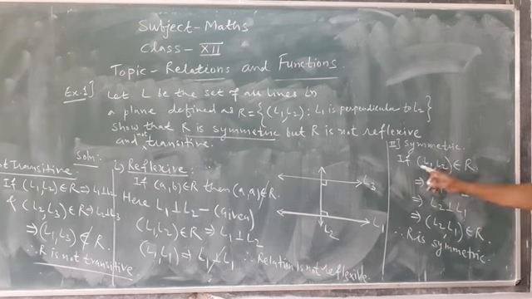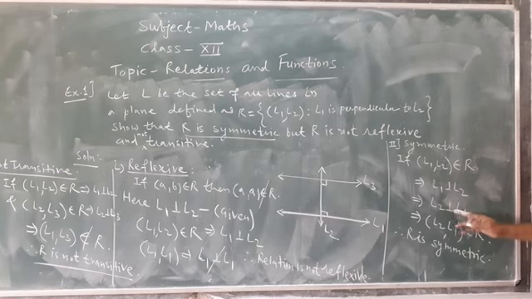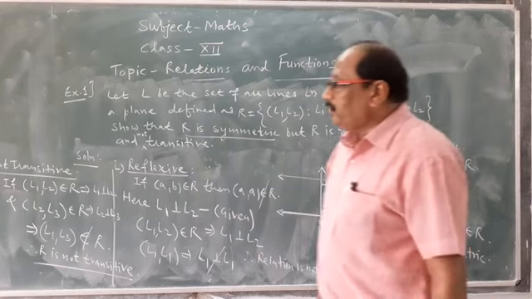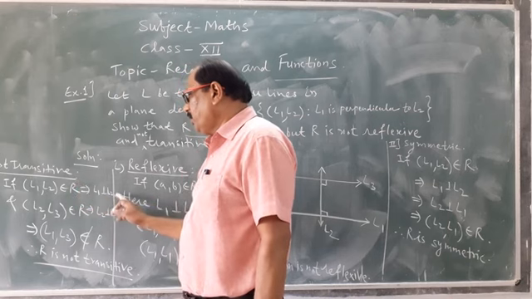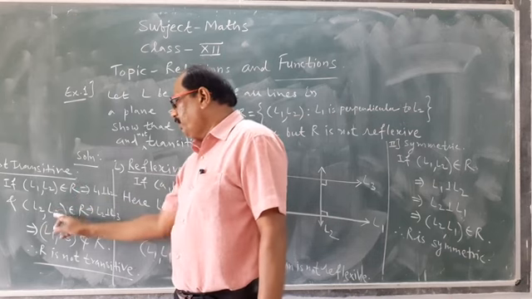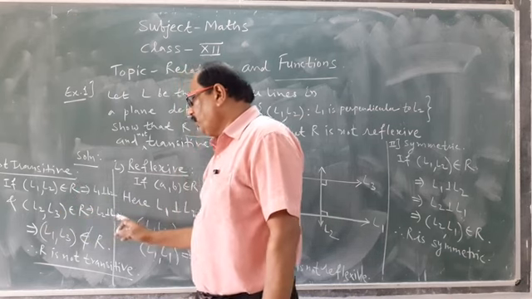But it is symmetric. Why? If (L1, L2) belongs to R, then L1 is perpendicular to L2, which means L2 is perpendicular to L1, so (L2, L1) belongs to R. The relation is symmetric. But it is not transitive. Why? (L1, L2) belongs to R means L1 is perpendicular to L2, and (L2, L3) belongs to R means L2 is perpendicular to L3.